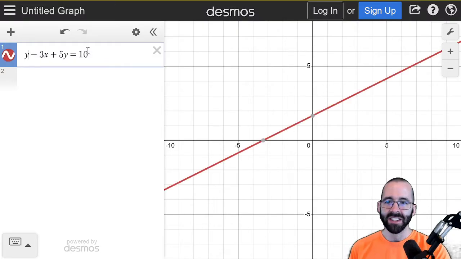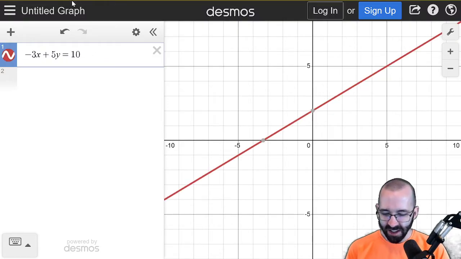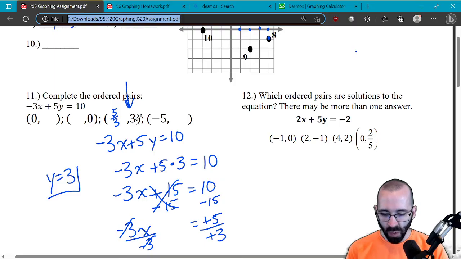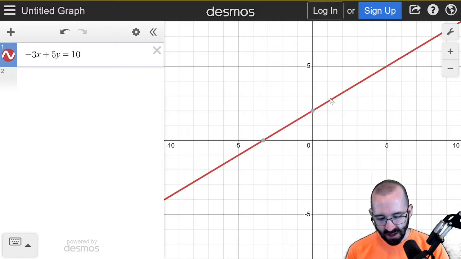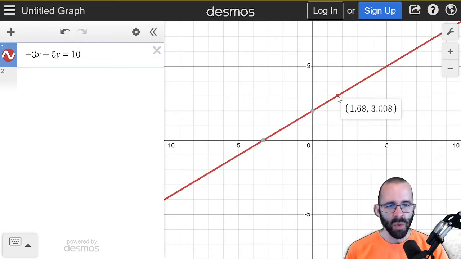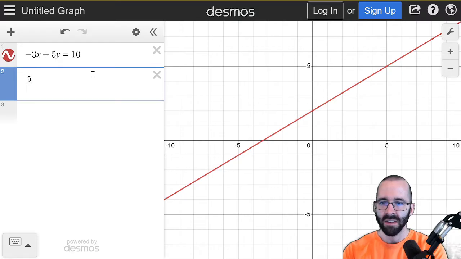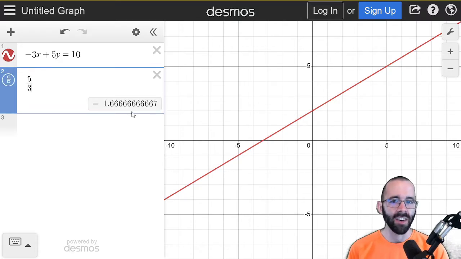We'll be using Desmos more as the quarter goes on. So hopefully, when the y coordinate is 3, the x coordinate is 5/3. Let's look at that. When the y coordinate is 3, look at the x coordinate. Is 1.68 5/3? Oh, it is.